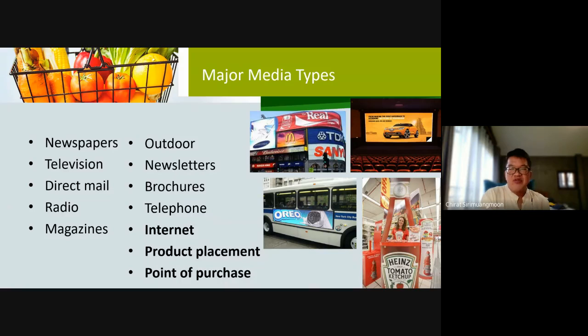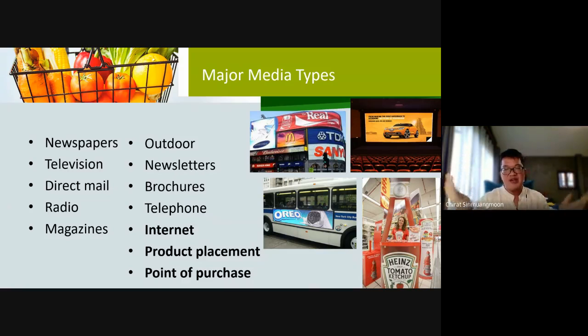Magazine is quite different from newspaper, because magazines last longer than newspapers, which last maybe just 15 days, while a magazine lasts 1 month. So magazines can provide more information and last longer. Outdoor, here are examples, the pictures of outdoor advertising.